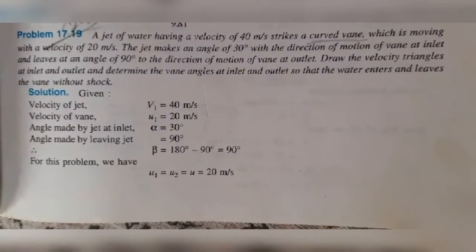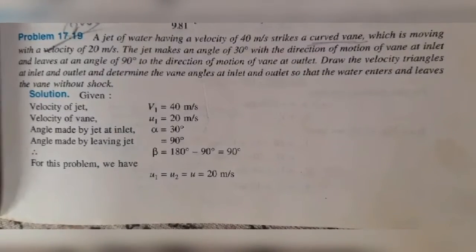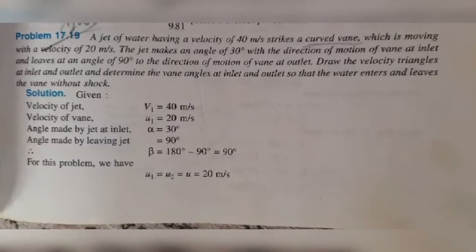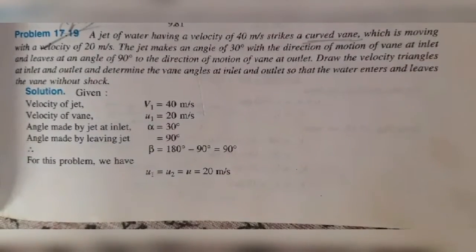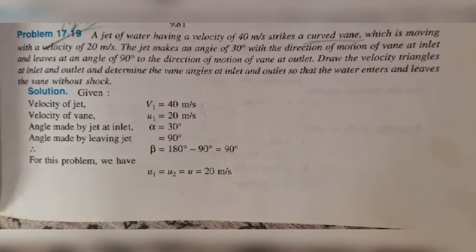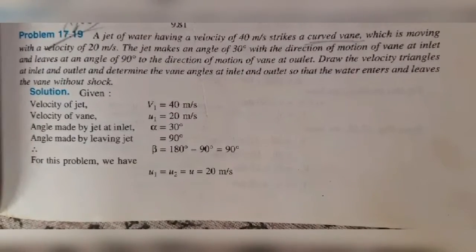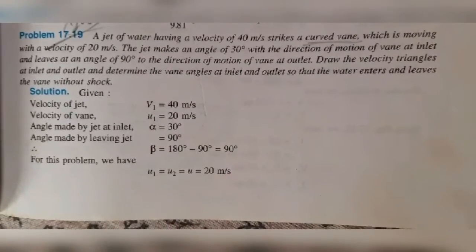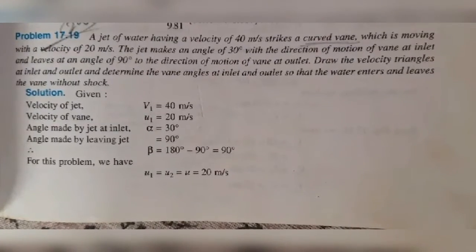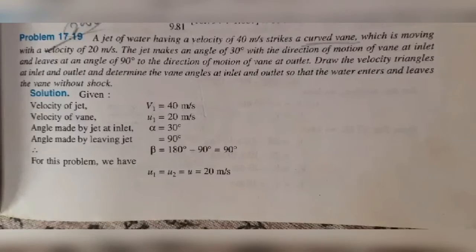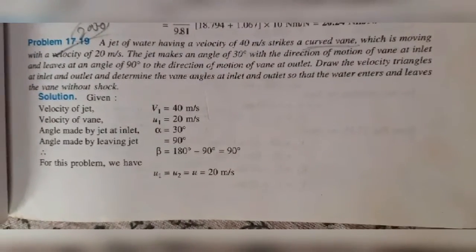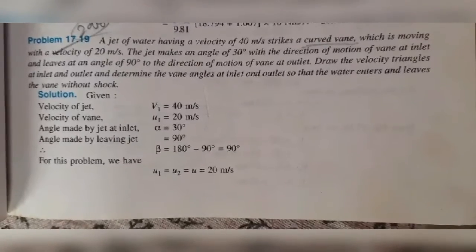Today we will learn this question. A jet of water having a velocity of 40 meters per second strikes a curved vane which is moving with a velocity of 20 meters per second. The jet makes an angle of 30 degrees with the direction of motion of the vane at inlet and leaves at an angle of 90 degrees to the direction of motion of the vane at outlet.